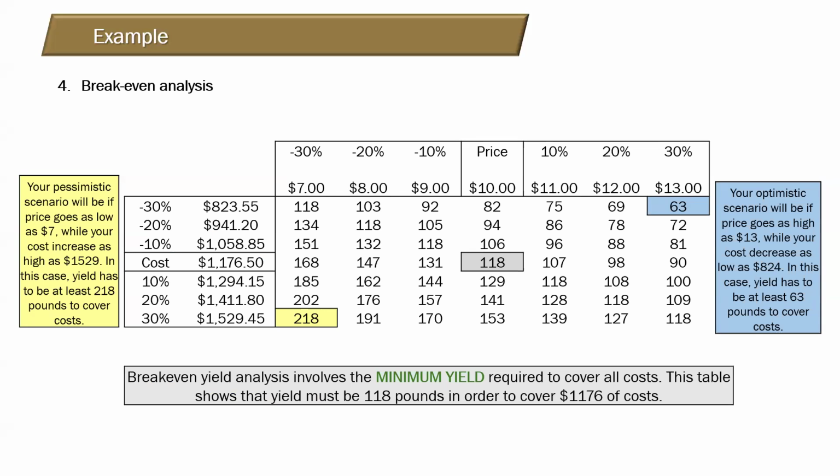In the optimistic scenario, where you have a higher price for your produce, such as $13 per pound, plus a lower cost of production, you will need to produce only 63 pounds of spinach to cover your cost. On the other hand, if the price is lower, at $7 per pound, plus a higher cost to produce your spinach, you will need 218 pounds to cover the cost. So this clarifies exactly what you need to produce to stay profitable.